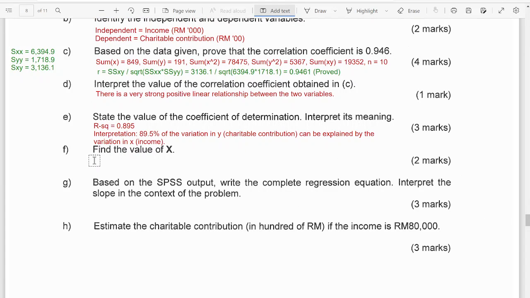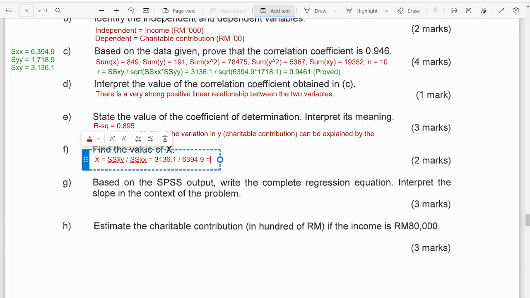Okay, so in this case you can find the value of X. X is equal to SSXY divided by SSXX. So this is equivalent to SSXY, which is 3136.1, divided by SSXX, which is 6394.9.